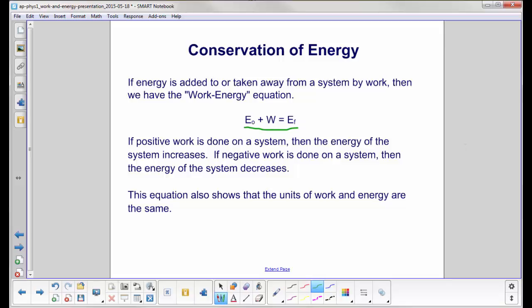And work can be either negative or positive. So here we go. If positive work is done on a system, then the energy of the system increases. Negative work done on a system, then the energy of the system decreases. The other thing this equation shows you, since you're adding things together, is they have to have the same units. So the unit of work is joules, just like the unit of energy.